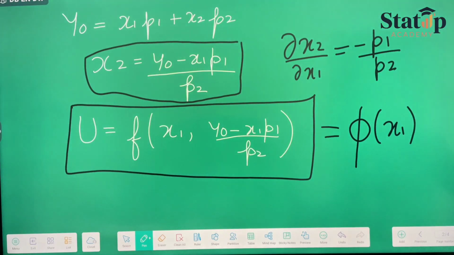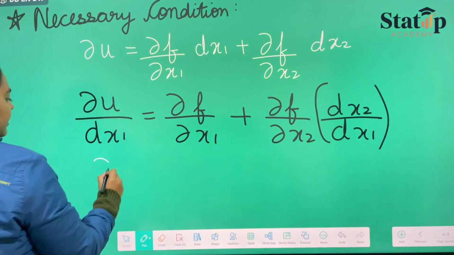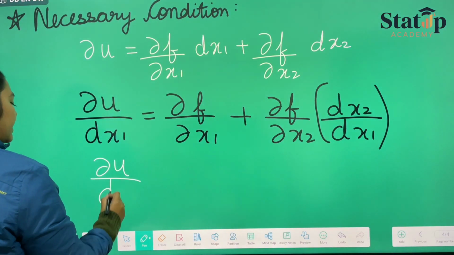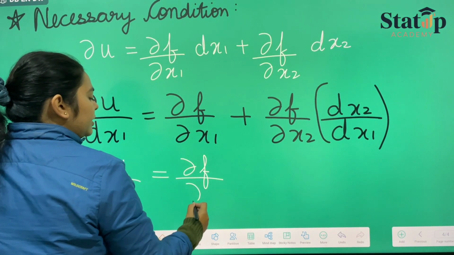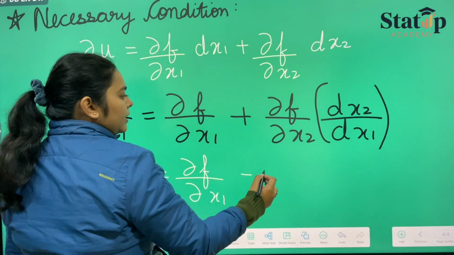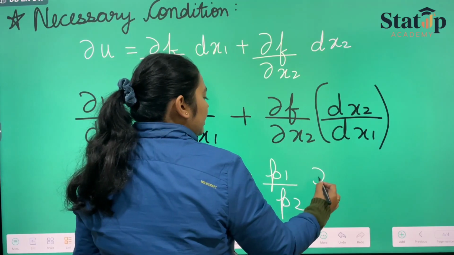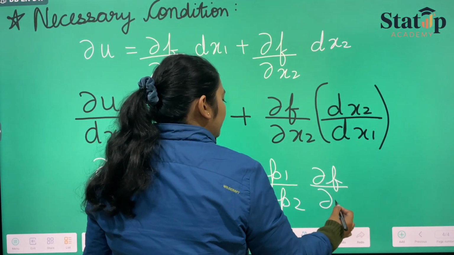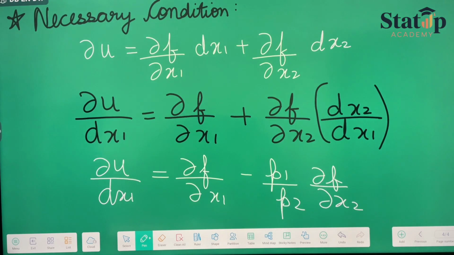If we keep that value here, we will be getting delta u upon dx1 equals delta f upon delta x1 minus p1 upon p2 delta f upon delta x2. We'll get this.